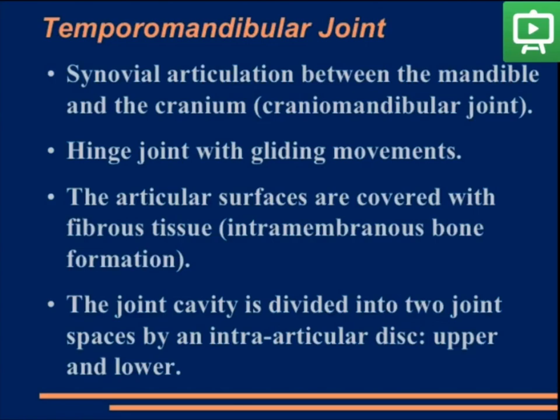Until adolescence, the condyle is an ossification center, where the cartilage is being ossified into bone under the fibrous surface. Lastly, the joint cavity is divided by a disc called an intra-articular disc. It is divided in two spaces, an upper cavity and a lower cavity.